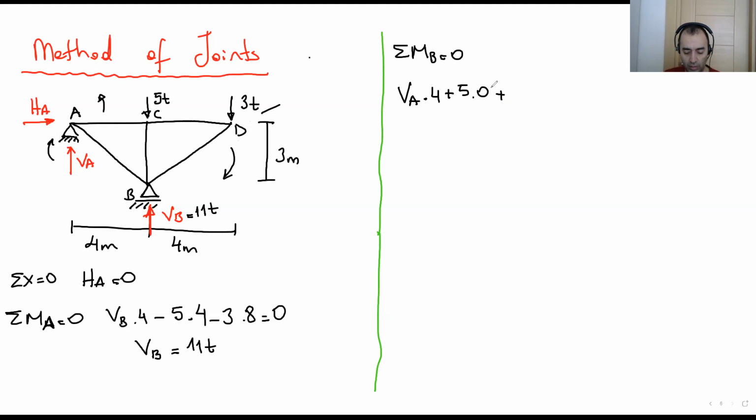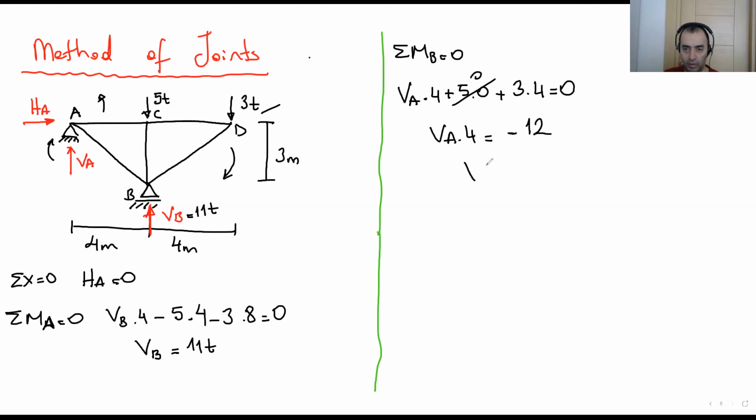Here we have 3 times 4 equals 0. So this is 0, you know. Here vertical A times 4 equals minus 12.